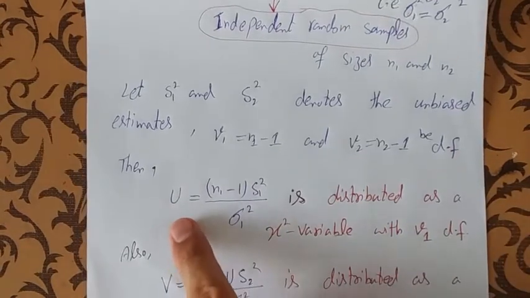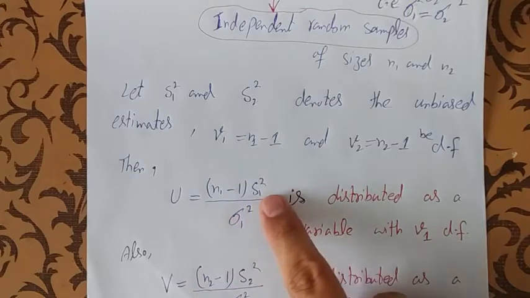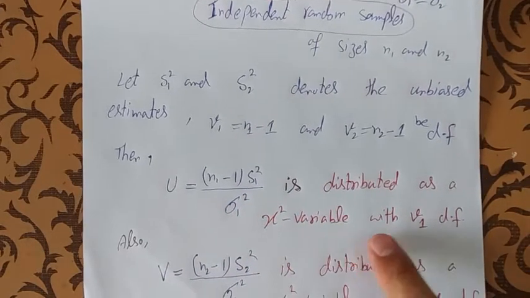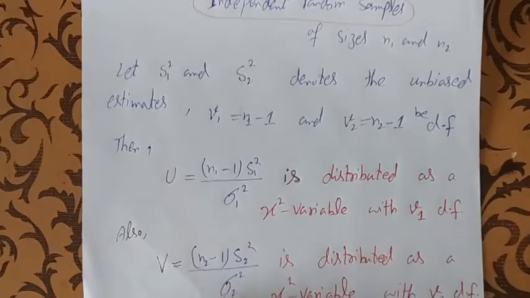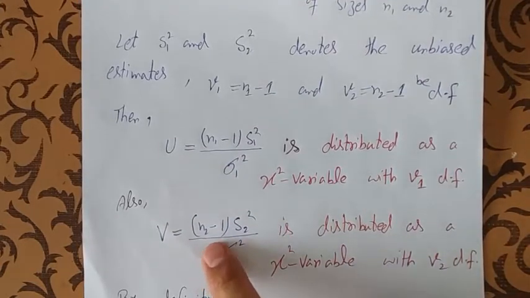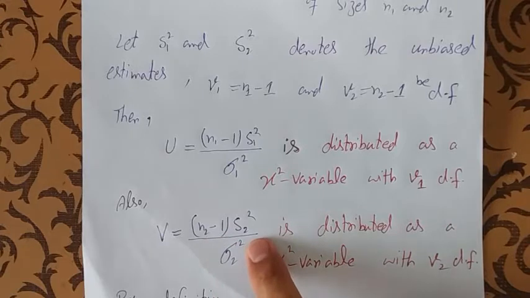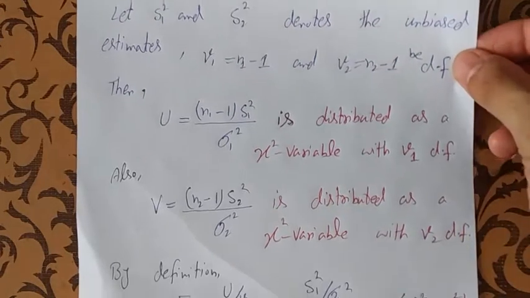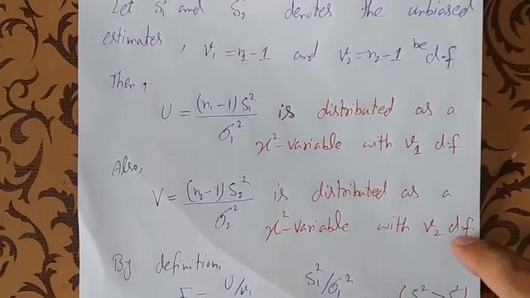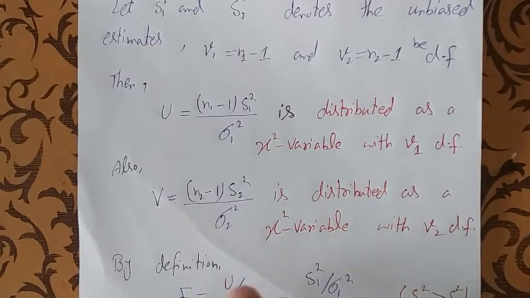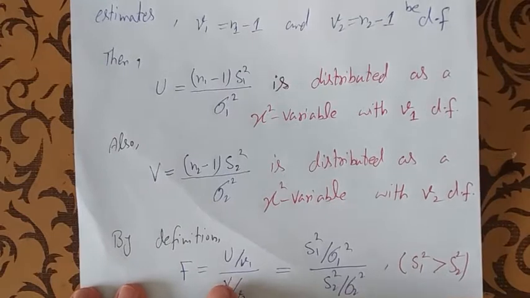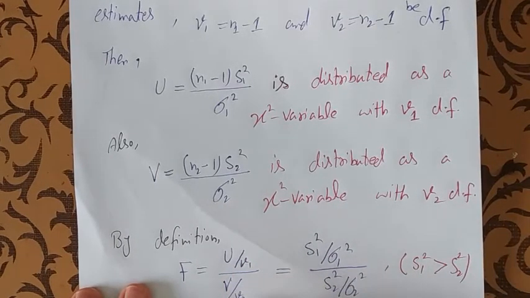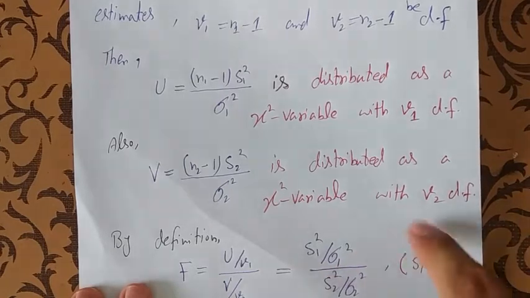Then capital U, which is equal to n1 minus 1 times s1 square over sigma 1 square, is distributed as a chi-square variable with nu1 degrees of freedom. Also capital V, which is equal to n2 minus 1 times s2 square over sigma 2 square, is distributed as a chi-square variable with nu2 degrees of freedom. By the definition of the F distribution, F is equal to capital U over nu1 divided by capital V over nu2.